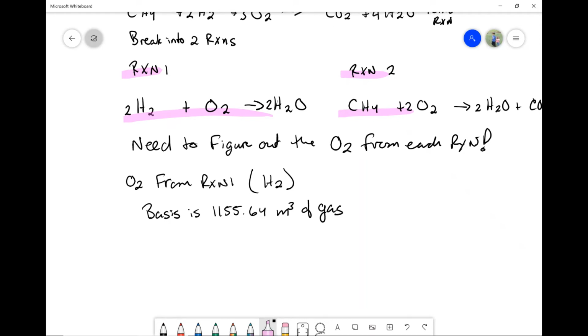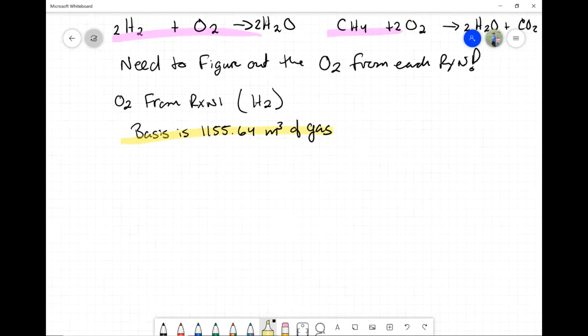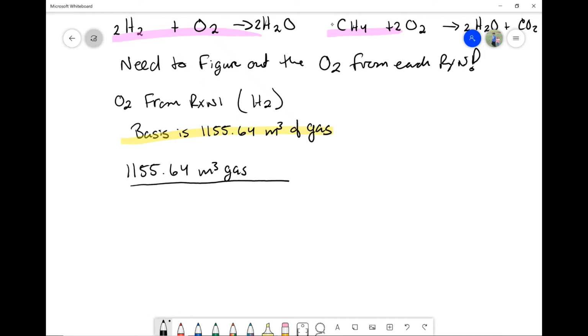And let me highlight that. The basis is 1155.64 cubic meters of gas. Okay. And so we have 1155.64 cubic meters of gas in 1 cubic meter of gas.